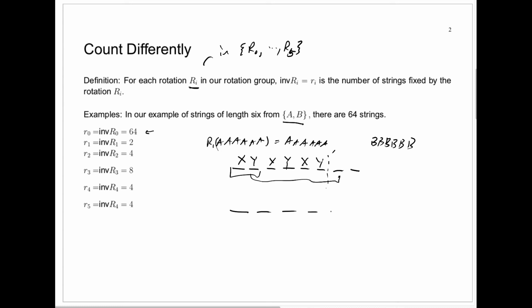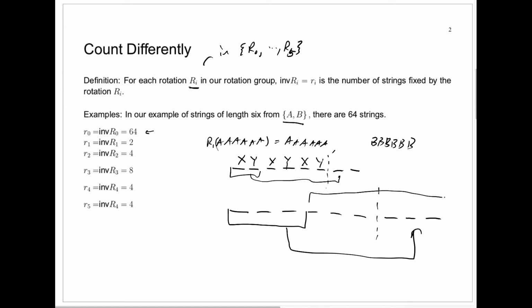Again, let's look at a 6-letter string. For it to be invariant under R3, when we apply R3 to it, we take these 3 letters in the string and we move them to here. And the idea is that the new thing we get has to be the exact same as the original thing that we had.